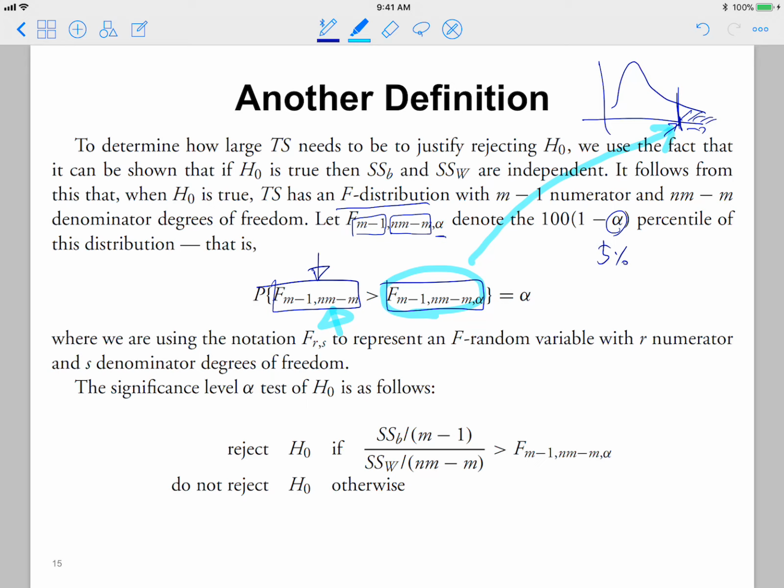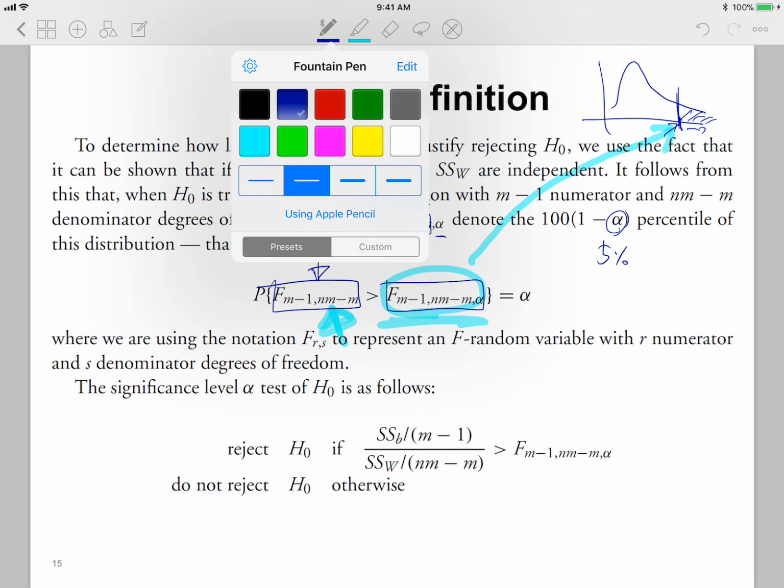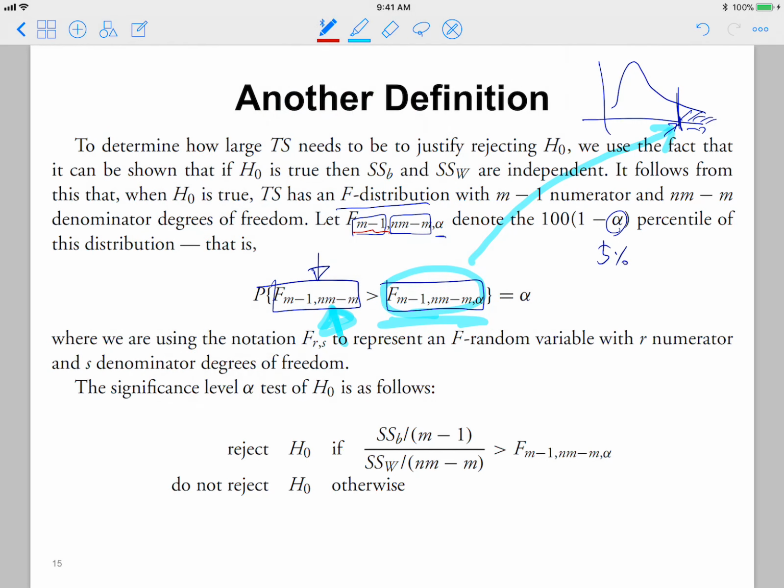If this value is smaller than this, then we do not reject the null hypothesis. Simply, we represent the degree of freedom of the numerator as R and the denominator as S, so we now write F(R, S).